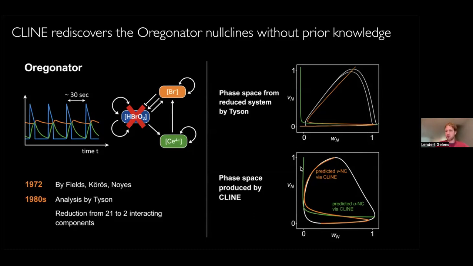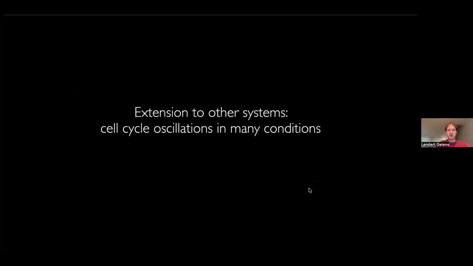So Klein has rediscovered from data this similar geometric structure that took a very long time of chemical analysis and theory to work out. So the BZ reaction gives a proof of concept that Klein can recover null Kleins from actual experimental data and match it to a ground truth model derived from decades of careful analysis.